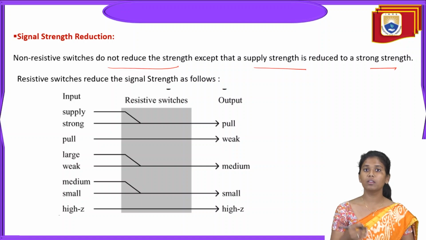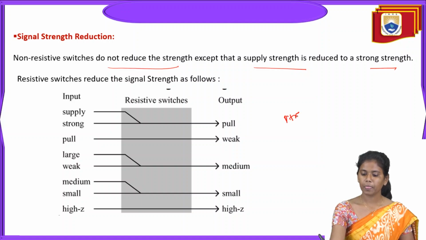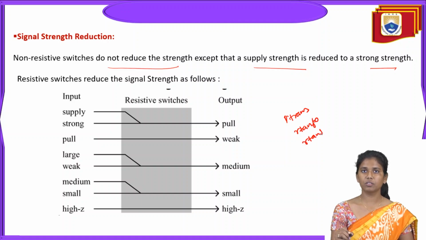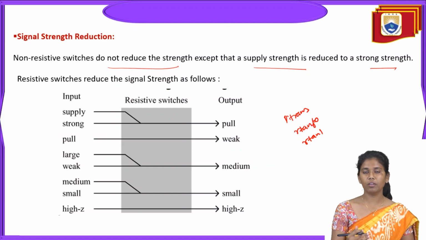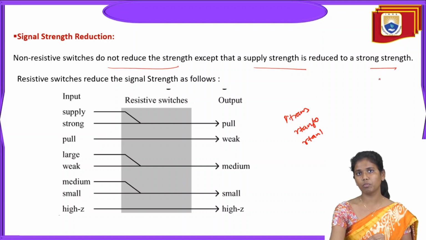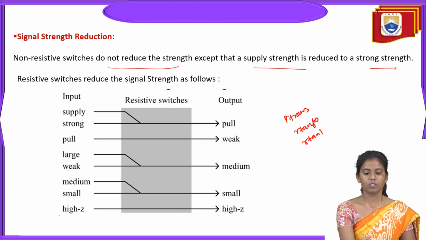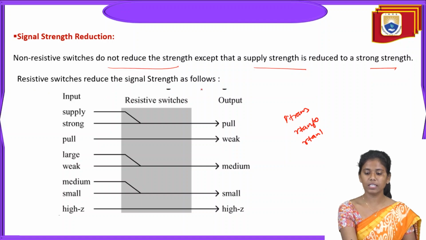Usually the non-resistive switches don't reduce the strength; only the resistive switches, that is RTRAN, RTRANIF0, RTRANIF1, reduce the strength. So the resistive switches reduce the signal strength as follows.